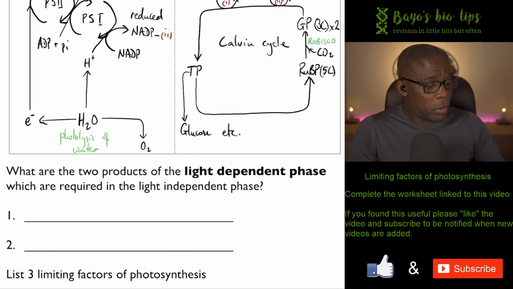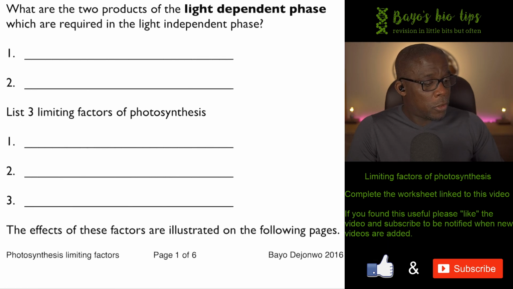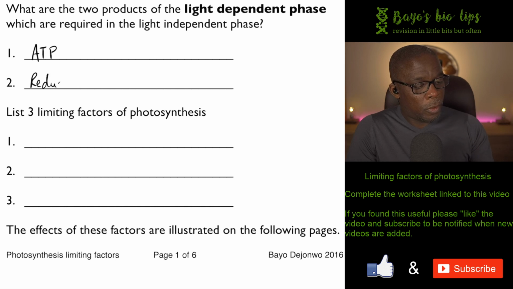So let's continue on to the next bit of the page. What are the two products? I've already mentioned that: we've got ATP and reduced NADP. And the three limiting factors of photosynthesis, which you would have done at GCSE. So this is really a recap.